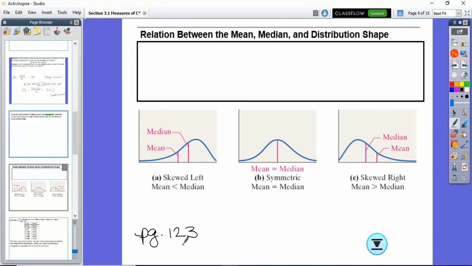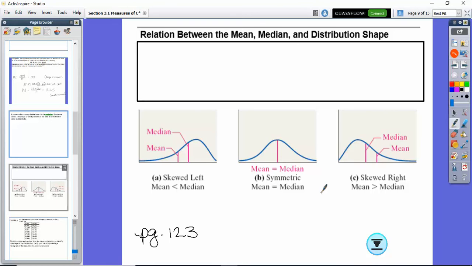So this is what's going on when I compare the mean and the median for different sets of data. Okay, the center, if you have symmetric bell-shaped data, then the mean and the median are pretty much the same. They both give a good indicator of the middle of our data. So when it's bell-shaped, the mean and median are equal.